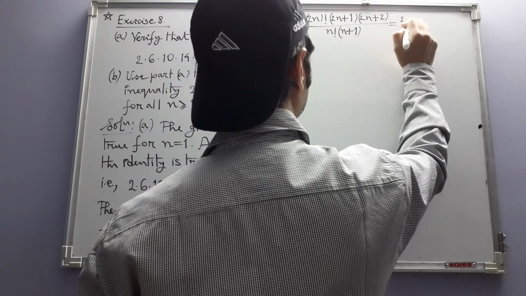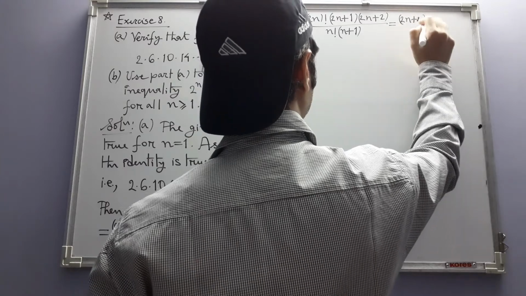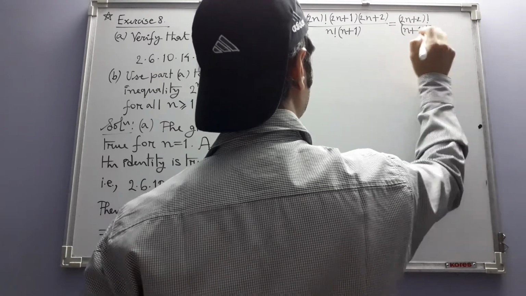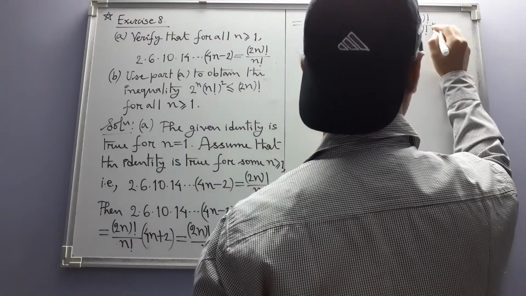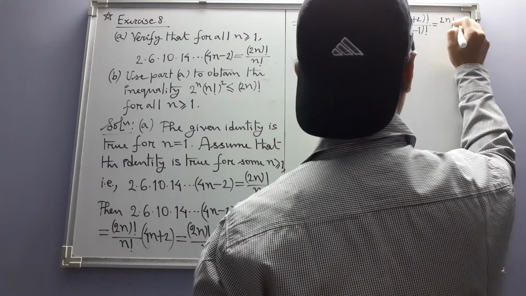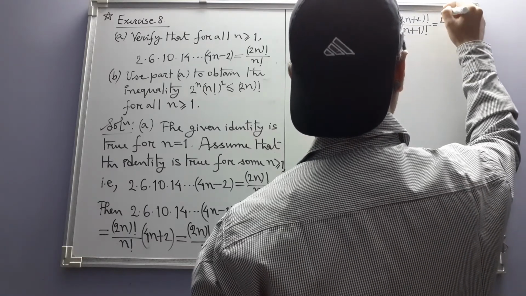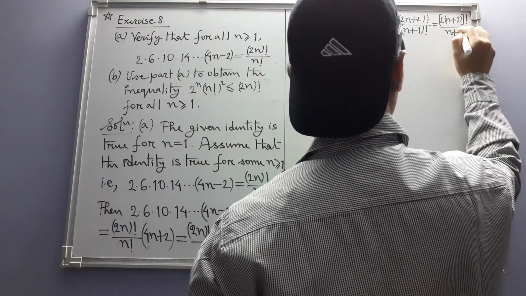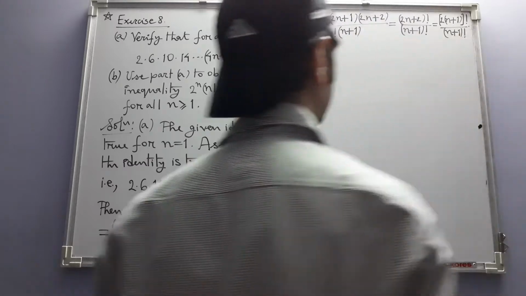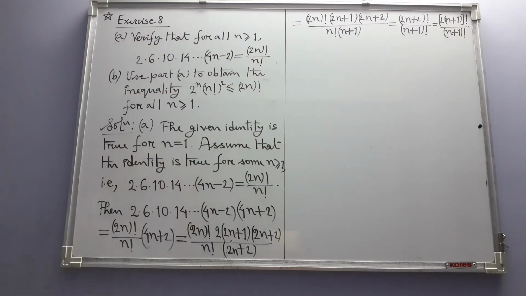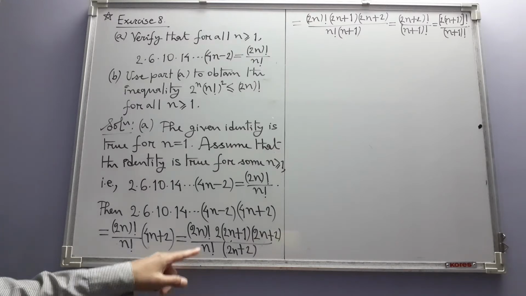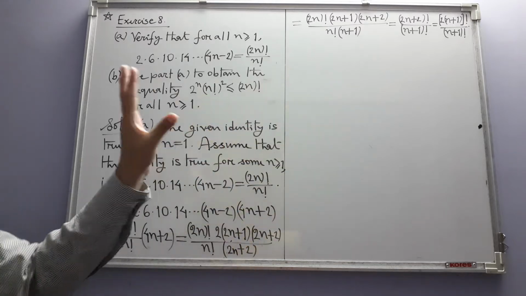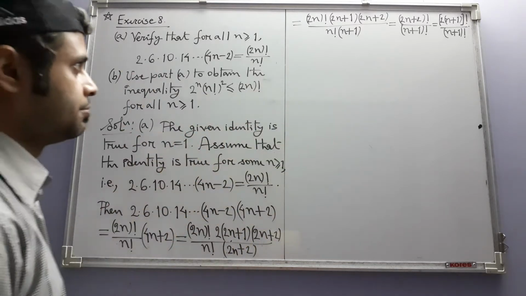So this is 2n plus 2 factorial divided by n plus 1 factorial, or 2 times n plus 1 factorial divided by n plus 1 factorial. So you see that this is just that same identity, where in place of n we have n plus 1. On the right hand side also it has that same form.